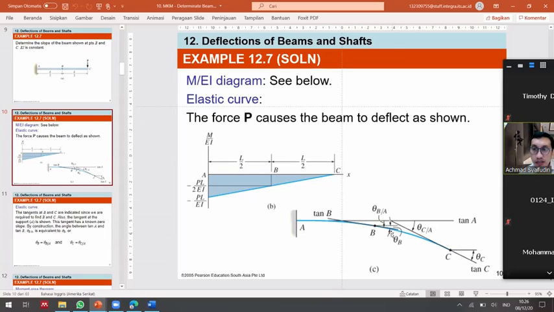So at point B, here, and point C is here. At point B, we can write the slope, the angle at B considered from point A, equal to the moment area under the curve.